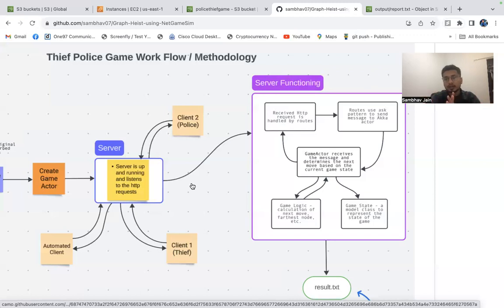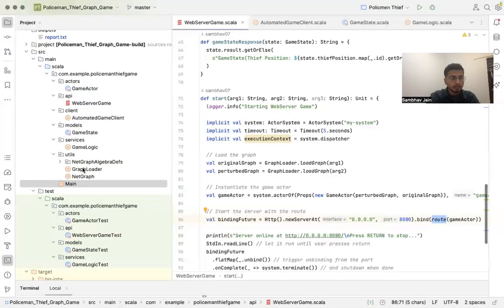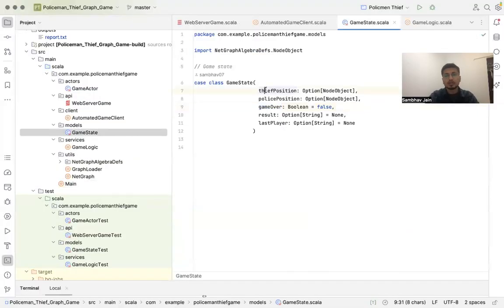The game actor is the one actor that we have in our project, which receives the message, and it determines the next move by communicating with the game logic and manipulating the game state that we talked about. We have a separate class for game state. So let's move on to game state as well. This is our game state, which will hold the thief position, police position, game over, result, and last player.